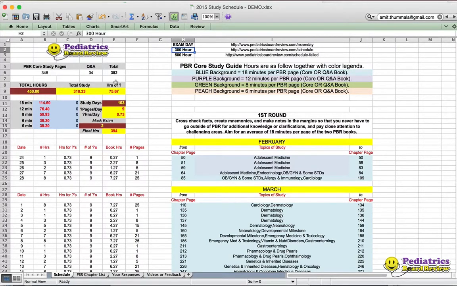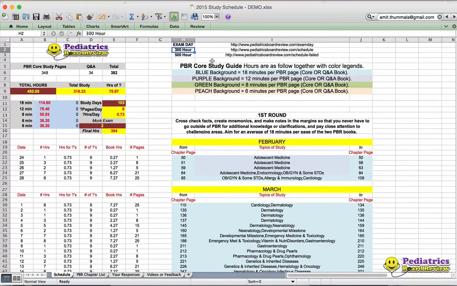Okay, so let's get back into the study schedule. So over here, we have the total number of pages that you should consider core study materials. So that includes the core study guide as well as the Q&A book. Over here, we have a few different links to articles that are written on the website. There is the schedule for the 300-hour study schedule.